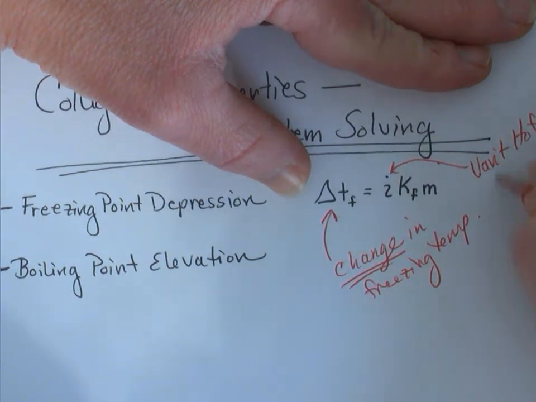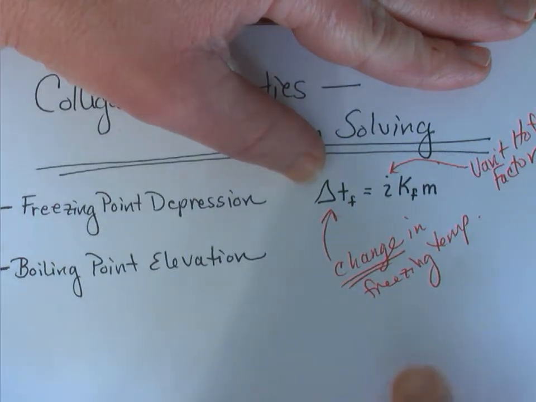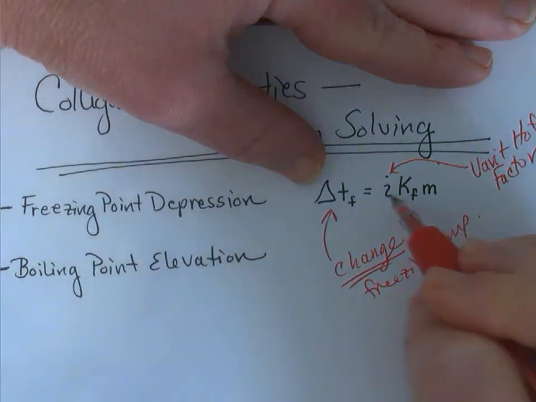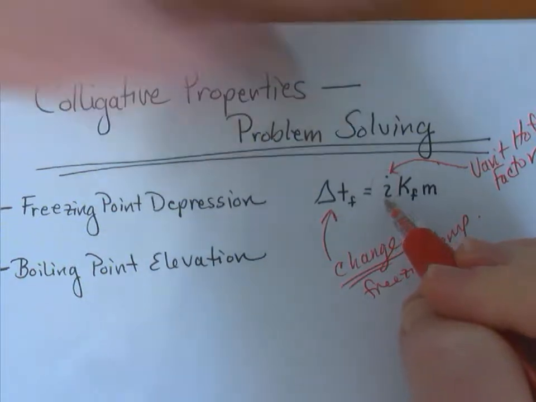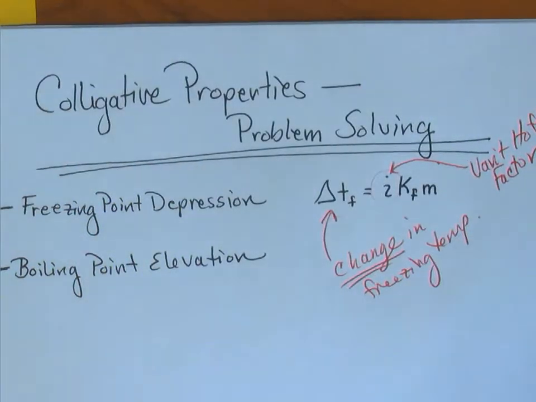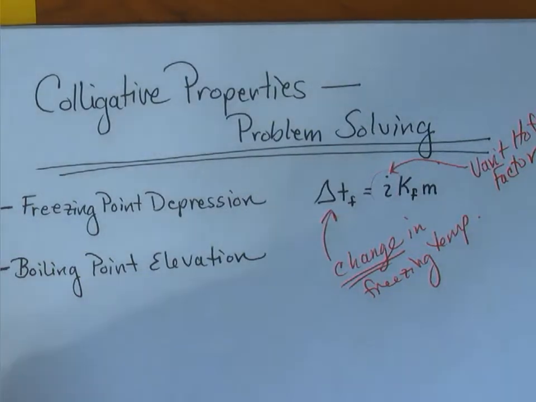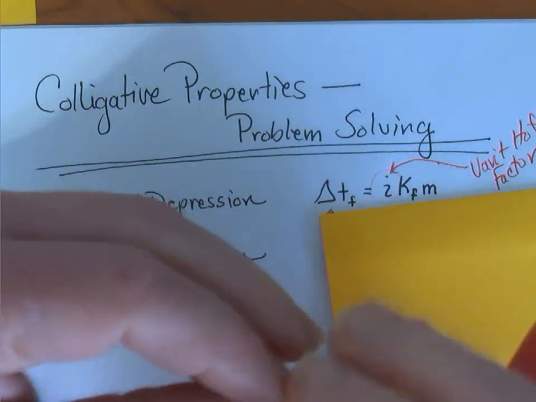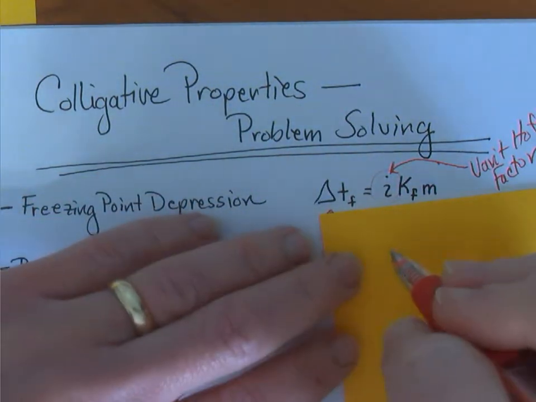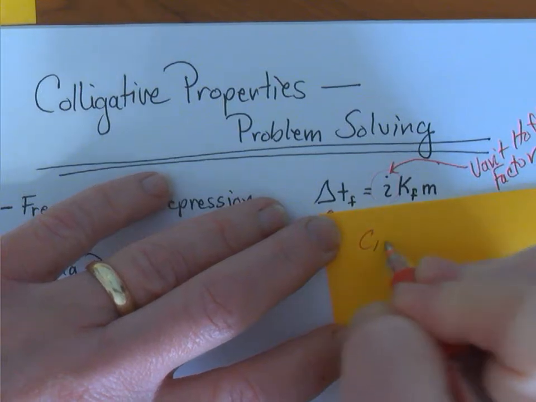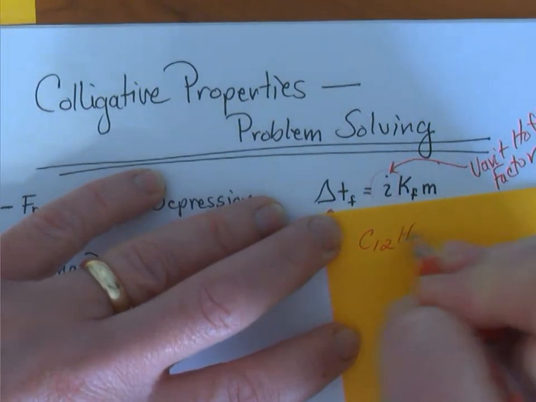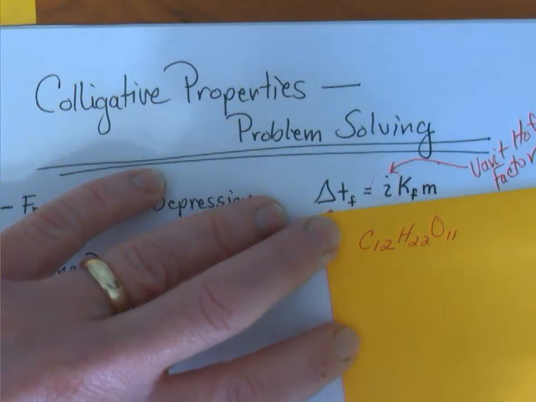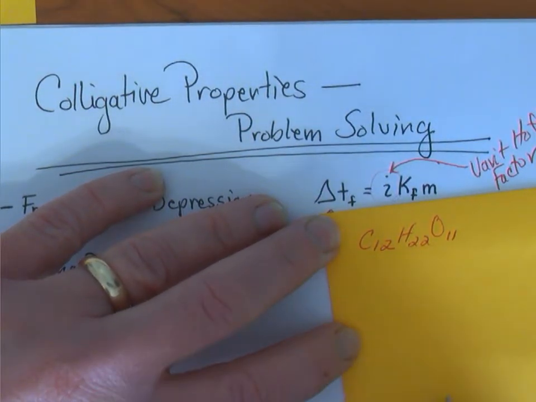Now, colligative properties depend on the number of solute particles, the number. And so remember, this is what we evaluate per the formula of our solute. So remember, all covalent compounds remain in molecular form if they're soluble. So for example, sucrose, C12H22O11, we know is soluble in water, but it does not dissociate or ionize.